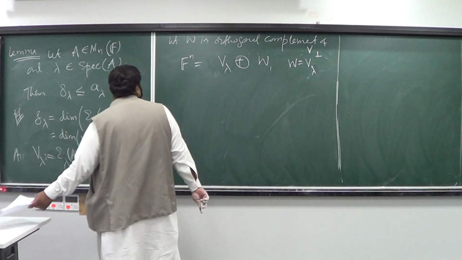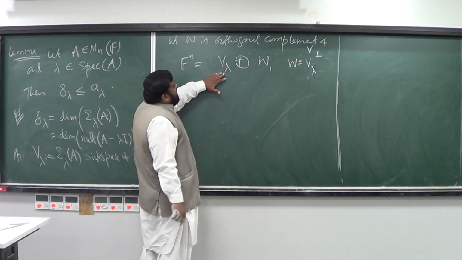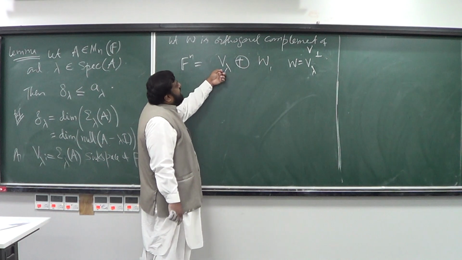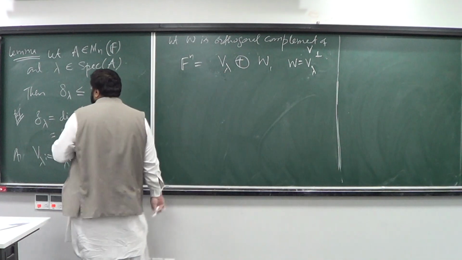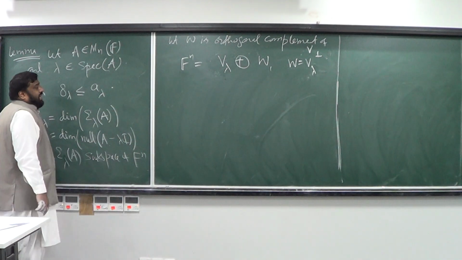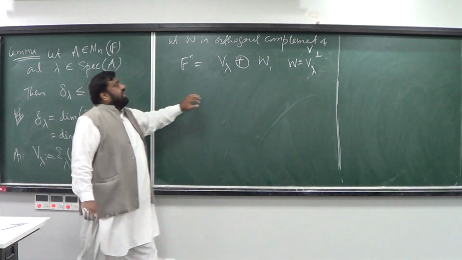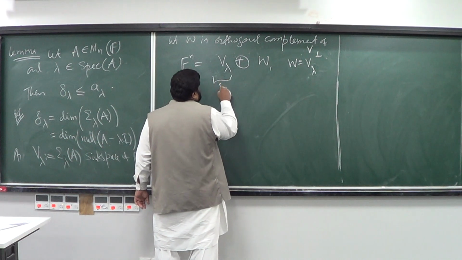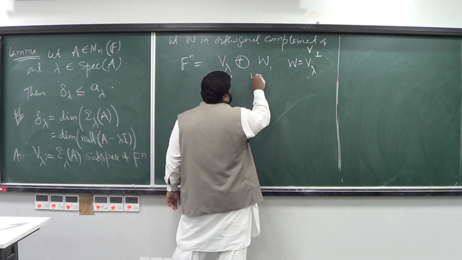Next, F^n is finite dimensional, V lambda is finite dimensional, and the dimension of V lambda is G lambda. So what would be the dimension of W?